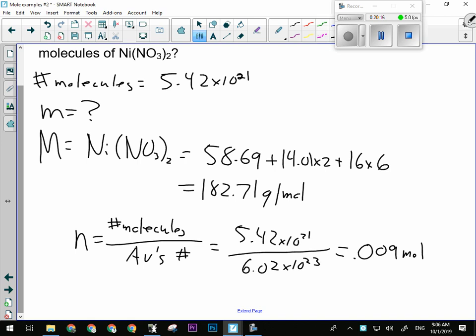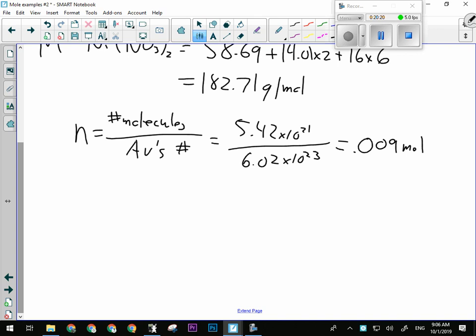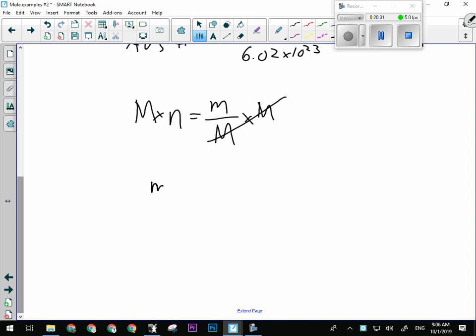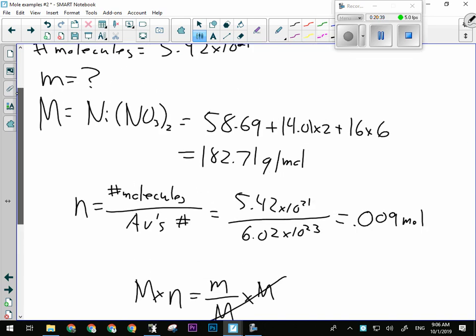All right, now that I know that, can I calculate m? Yes. All right, so n equals little m over big M. I want to get little m by itself, so I multiply both sides by big M. Okay, and then I plug in my numbers. So m will equal 0.009 times our 182.71.